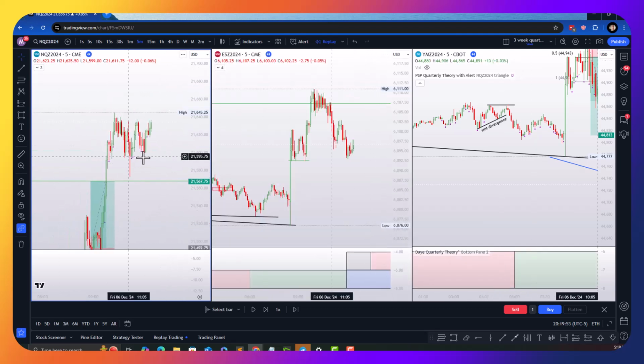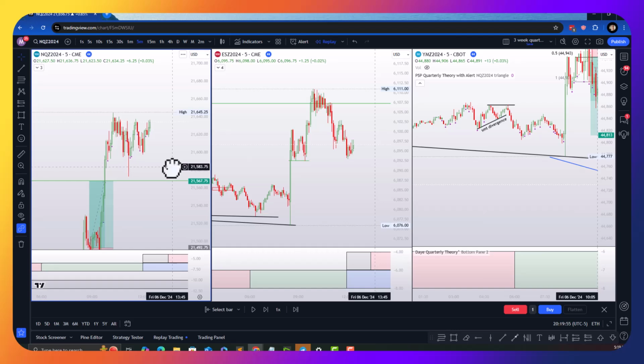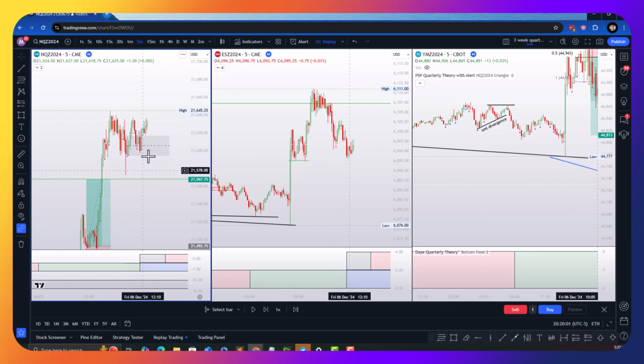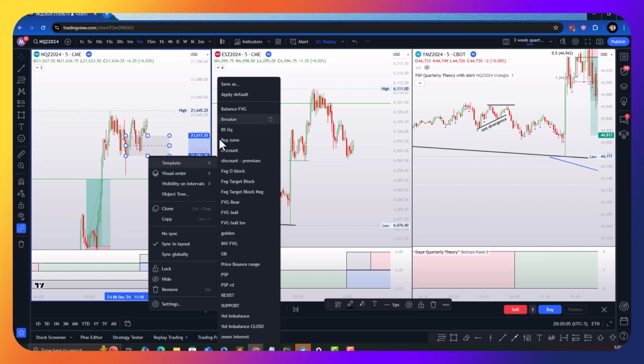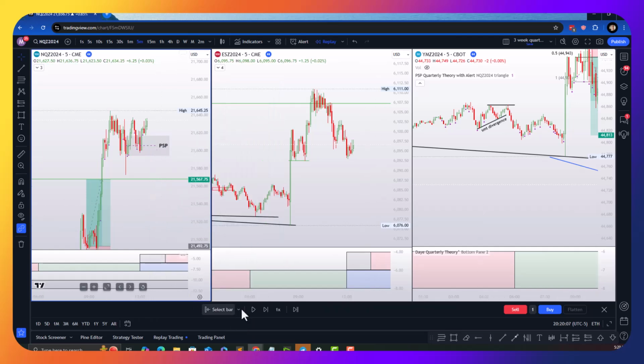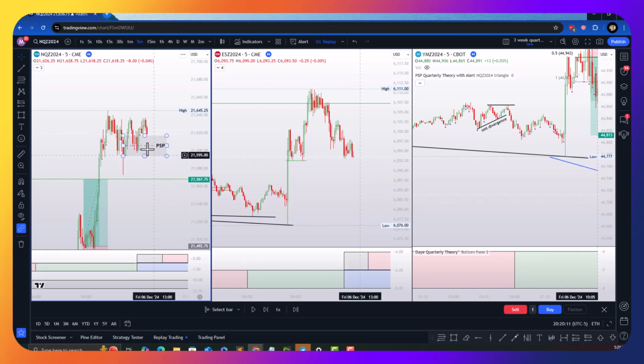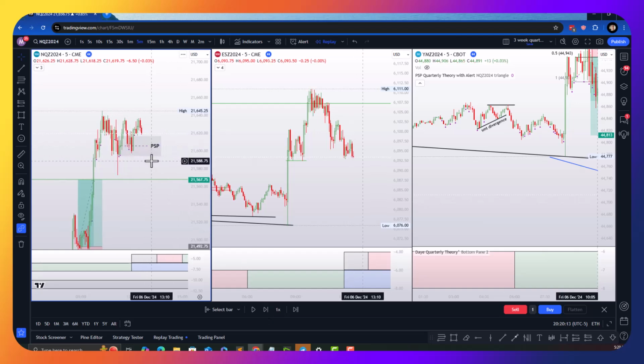All right, you got some PSP candles down here. These could be buyable. Let's just see kind of how price reacts to them. So you'd probably want to buy it in the 50%.